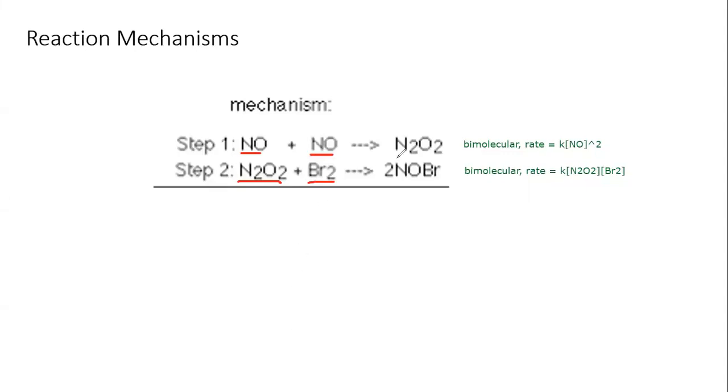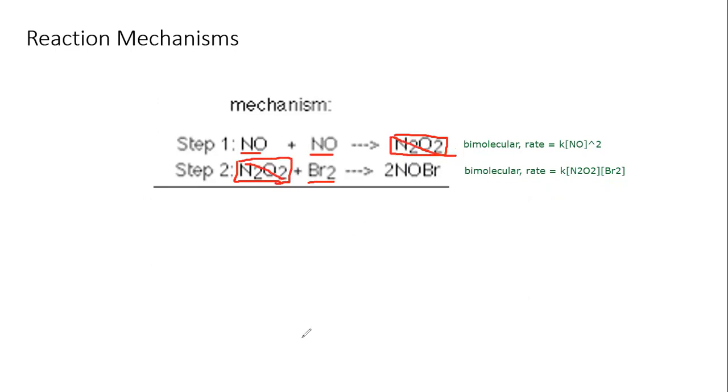And so with that in mind, you'll notice here that N2O2 is produced in step 1, and N2O2 is consumed in step 2. So N2O2 is a reaction intermediate.